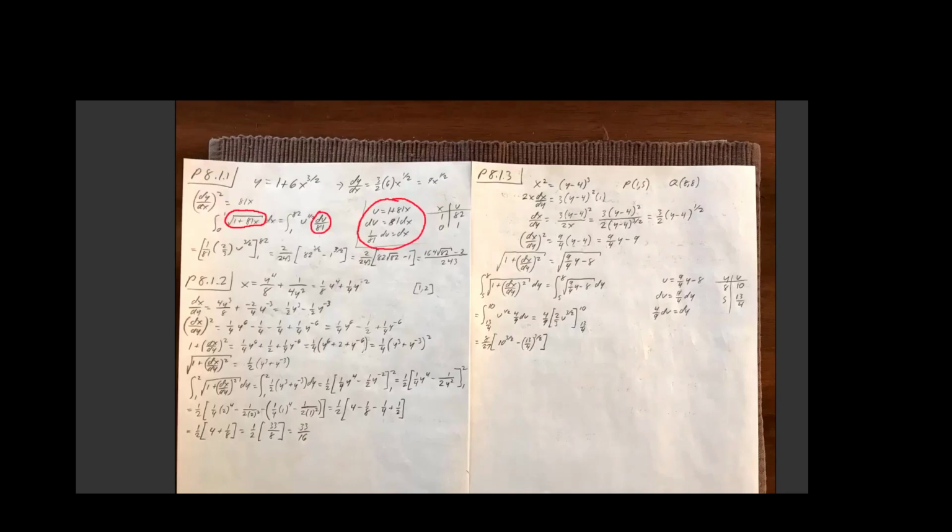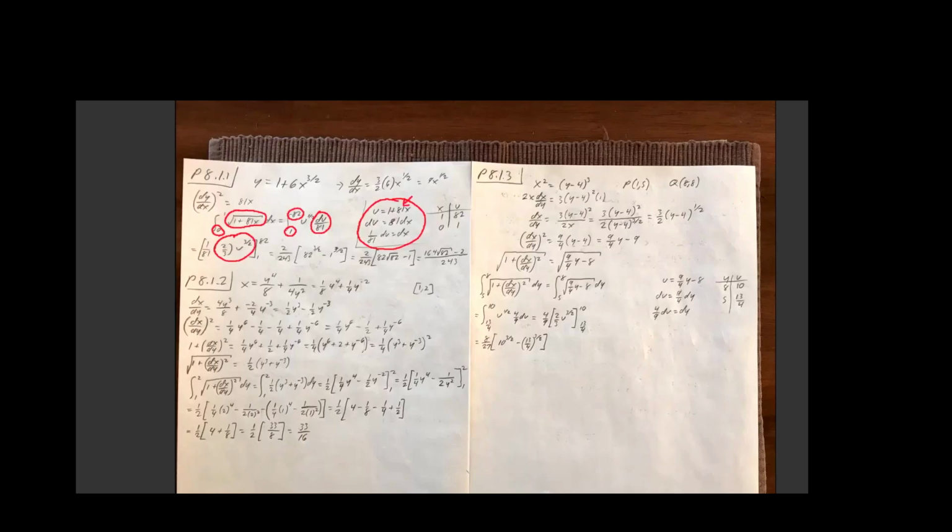And then don't forget to change the bounds. The bottom bound was 0, and it changed to 1 because we plugged it into the substitution. If you plug in 0 there, you get 1. The top bound was 1; if you plug in 1 there, you get 82. That's the new top bound in the u integral. Antiderivative, that's this, multiplied by the 1 over 81.